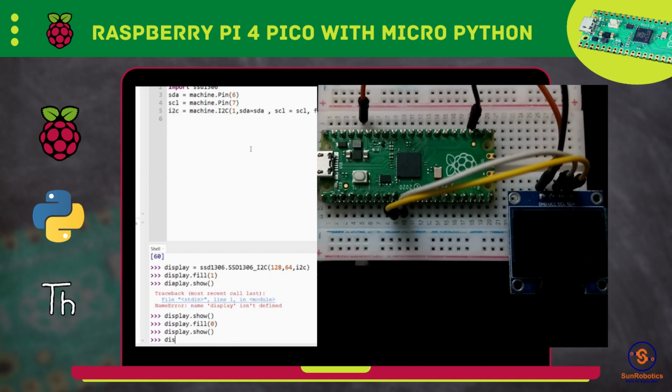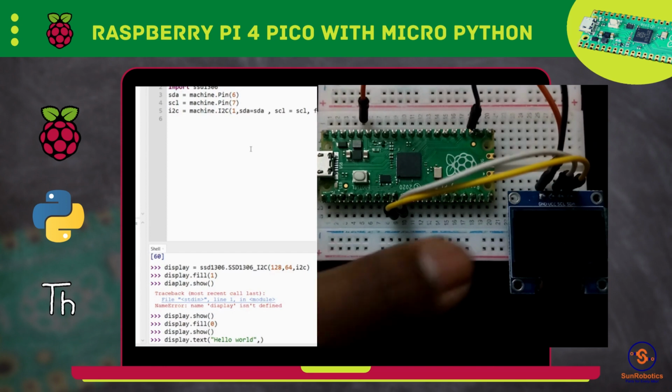Now let's see how we can actually display some text on the OLED. It's very easy. You have to check the spelling, display.text, because we want to show some text. The first parameter is the text you want to show, so I can give hello world. The next parameters are the positions for the hello world.